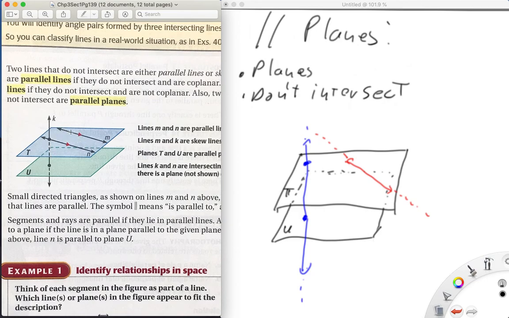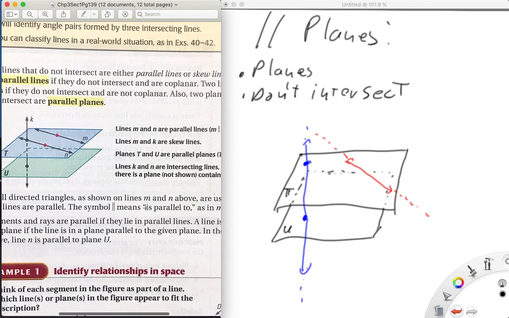If you look at line M, it is skew because that line is not going to touch line K, but they're also not going in the same direction, so they're not parallel. But line N is intersecting point K. So M and K are skew. M and N are parallel. Plane T and plane U are also parallel.